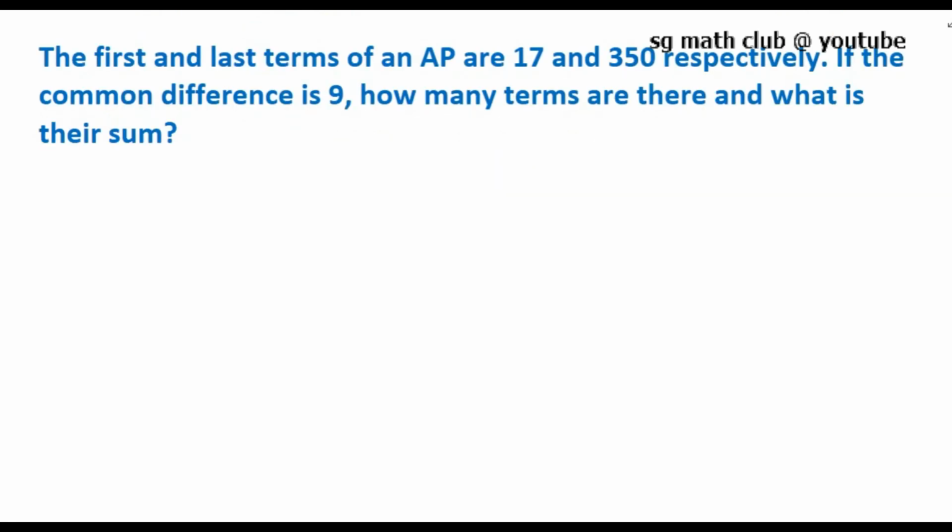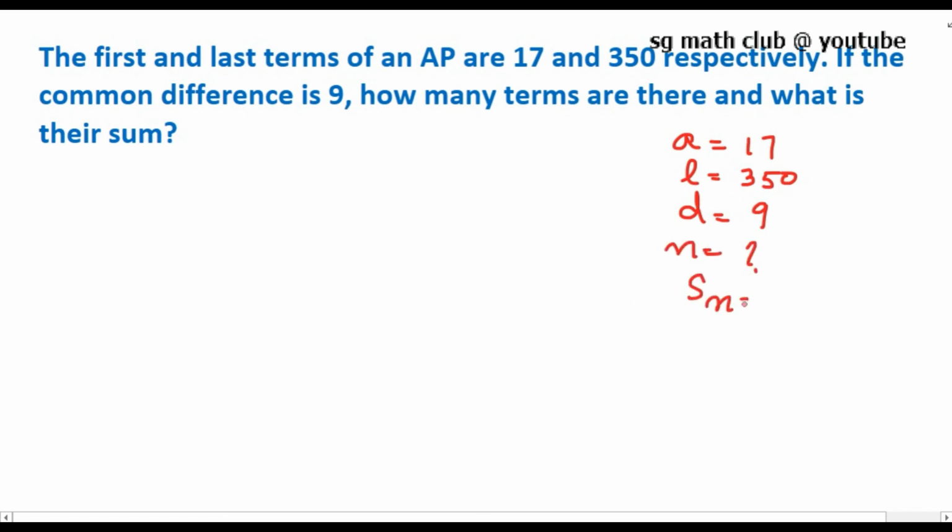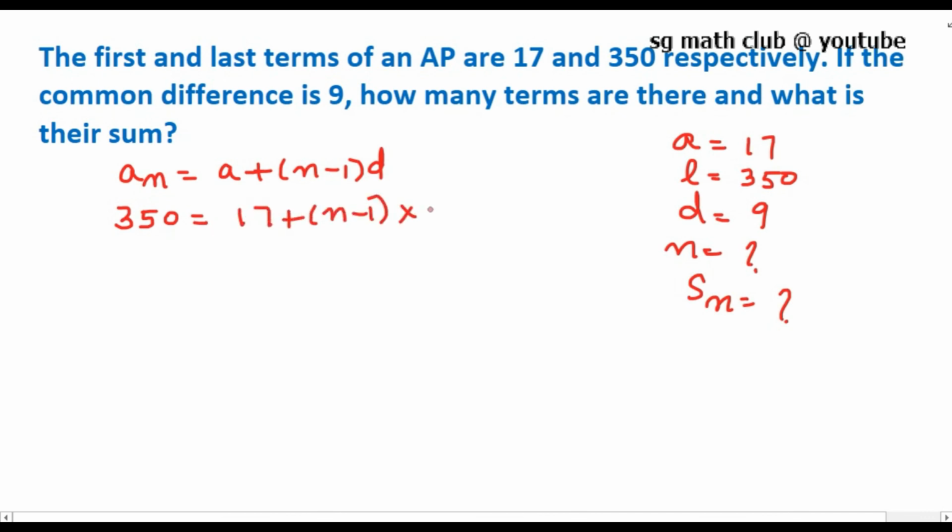The first and last term of an AP are 17 and 350 respectively. First term is 17, last term is 350. Common difference is 9. We need to find how many terms are there and what is their sum. We'll write An equal to A plus n minus 1 into D, because first we need to find number of terms. So An is the last term, that is 350, equal to 17 plus n minus 1 into 9.